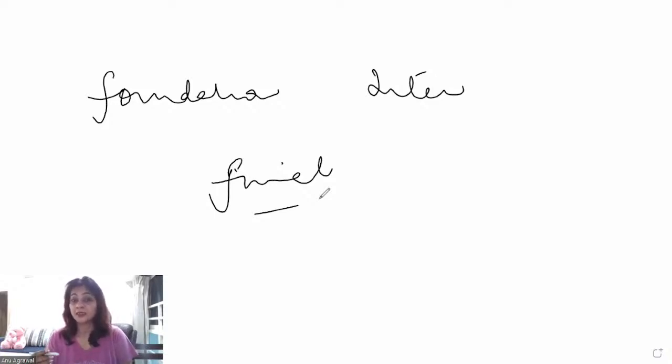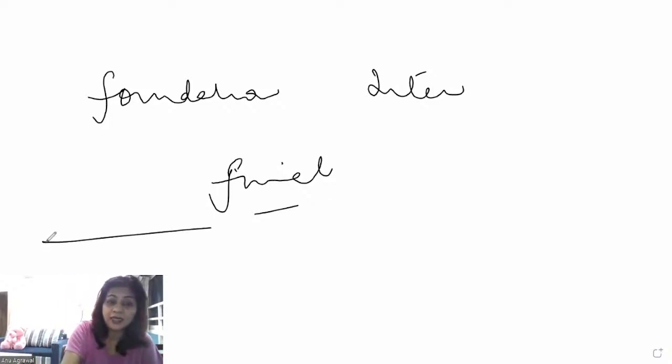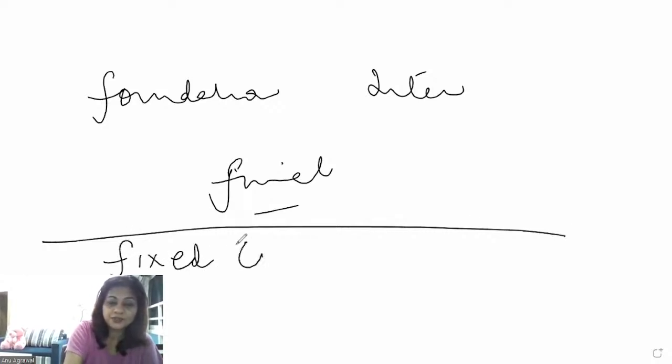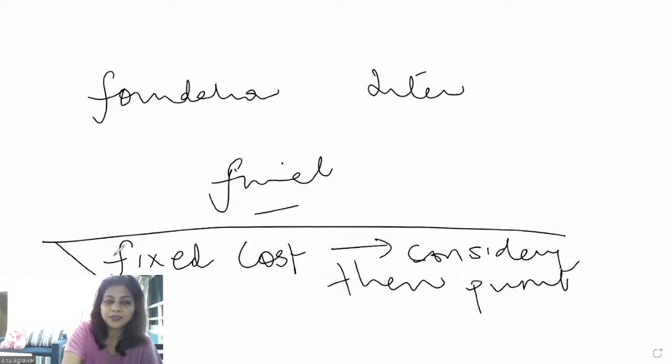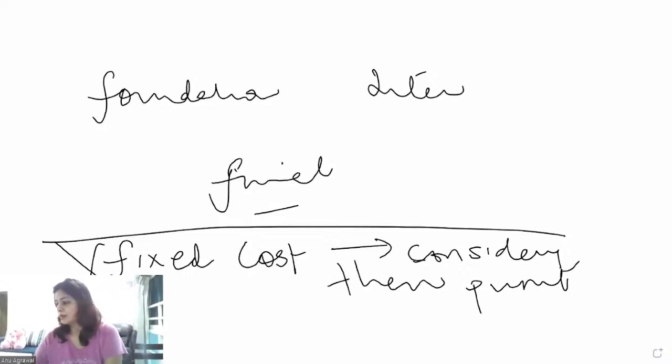So when I am taking up a call, you should understand that considering fixed costs per unit doesn't make sense. But I should consider them in totality, that this is the expenditure I'm incurring.